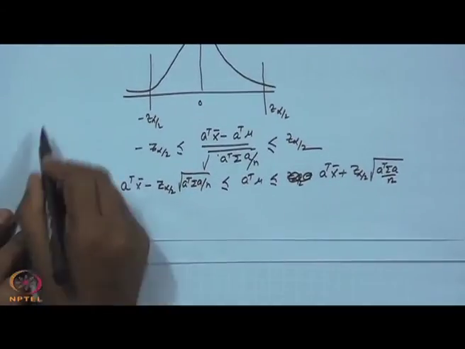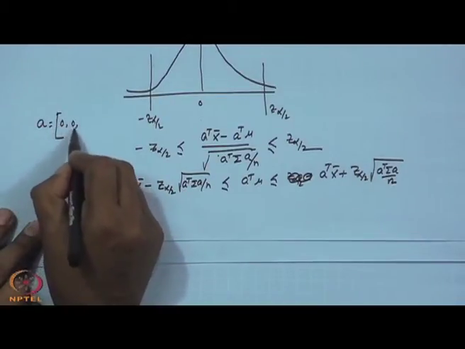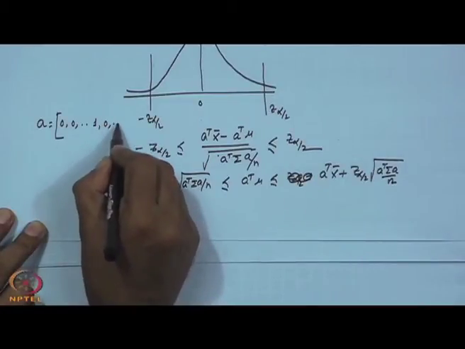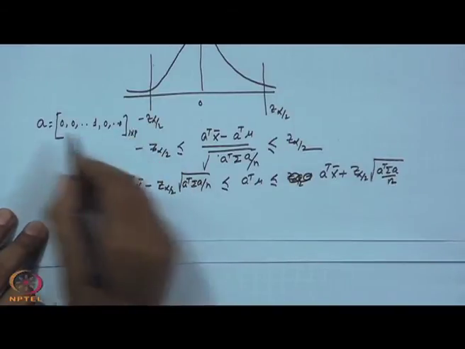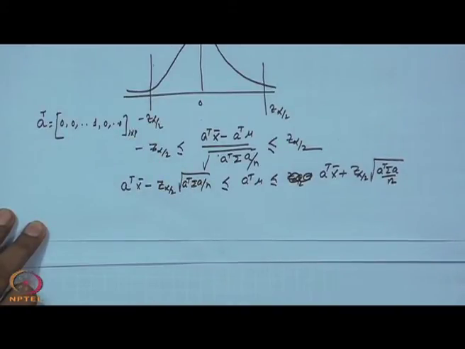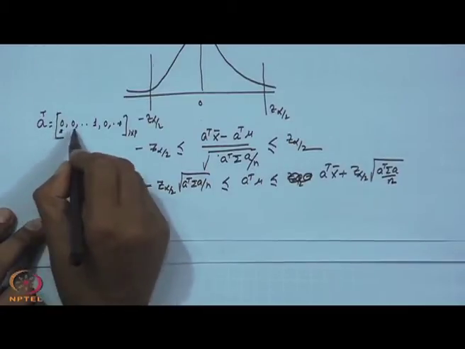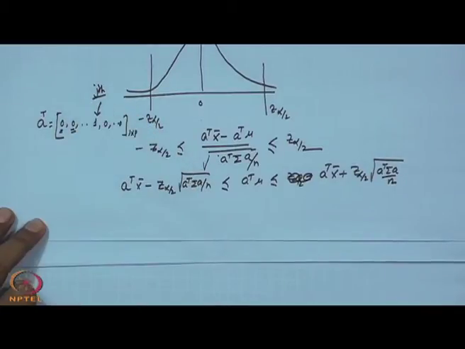What will happen if I choose A equal to 0, 0, then the jth element will be 1 and then 0, 0 like this? This is 1 cross P, the transpose of 1 cross P. What I am doing is the first constant is 0, second constant 0, only the jth one is 1.